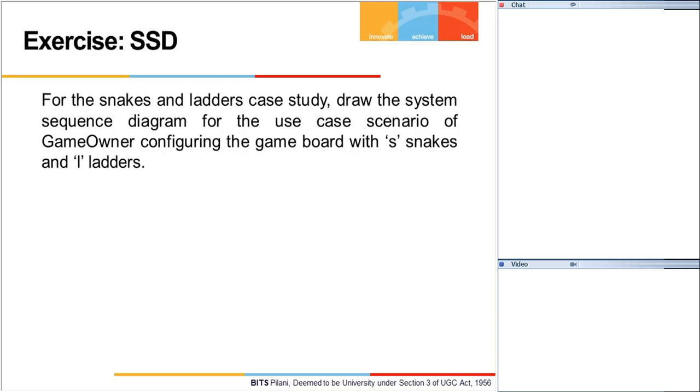We have to draw a system sequence diagram for the use case scenario of a game owner configuring the game board with S number of snakes and L number of ladders.